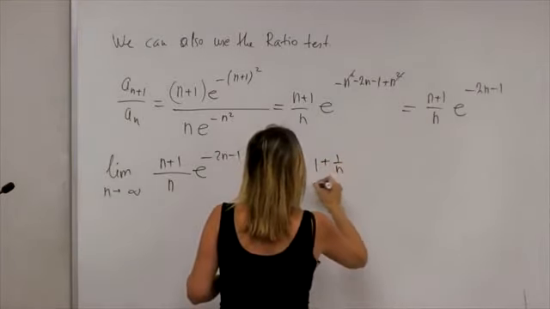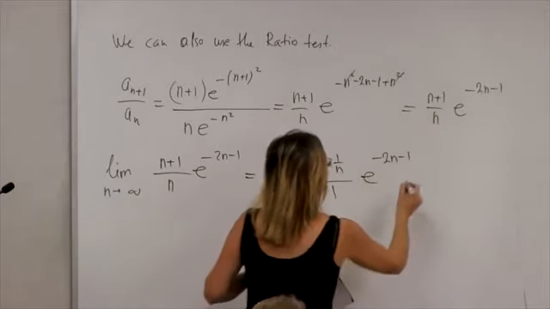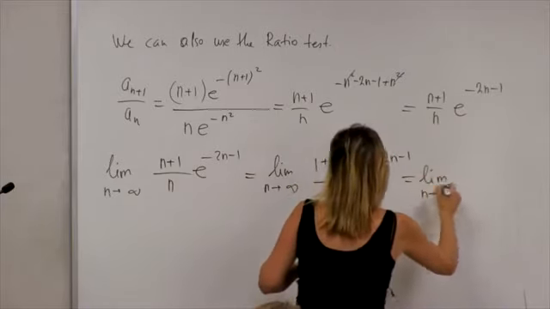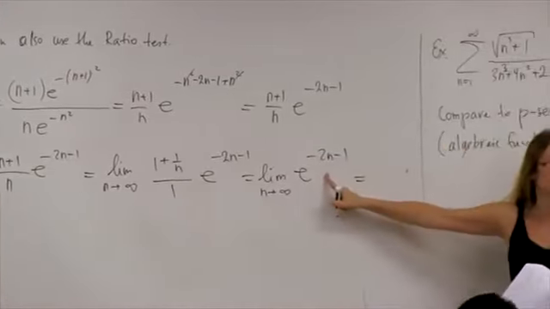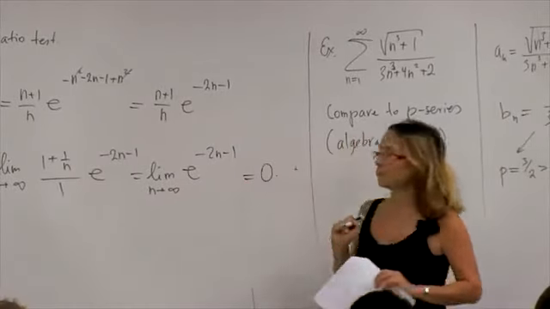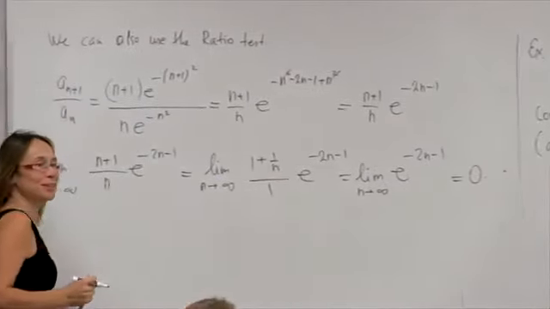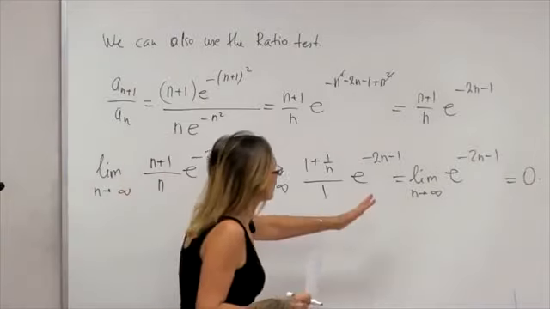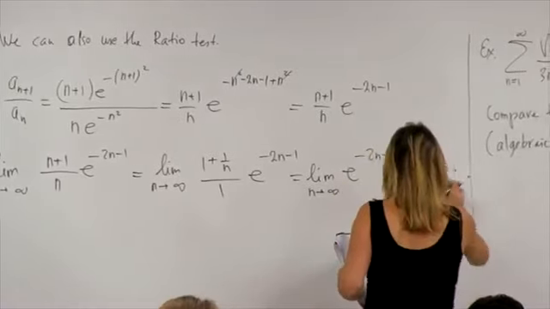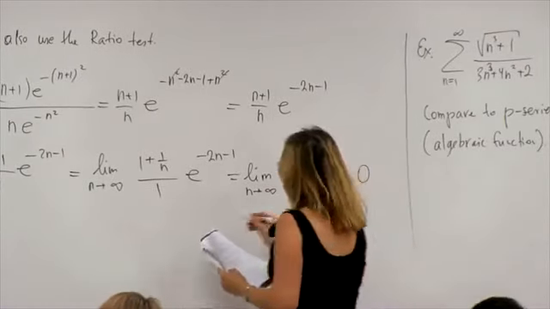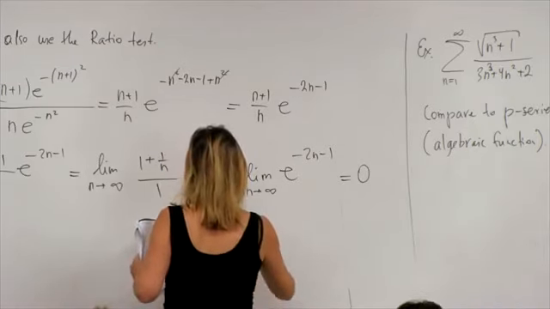I have 1 plus 1 over n divided by 1 from here, and this I leave as it is. So this is the limit, and I can take it. Of course, we have a negative exponent here, which gives me 0. This is not a case of L'Hopital's rule or anything like this. But I don't even need 0. All I need is a constant that is less than 1. So I'm fine here, and we can say that the series converges.